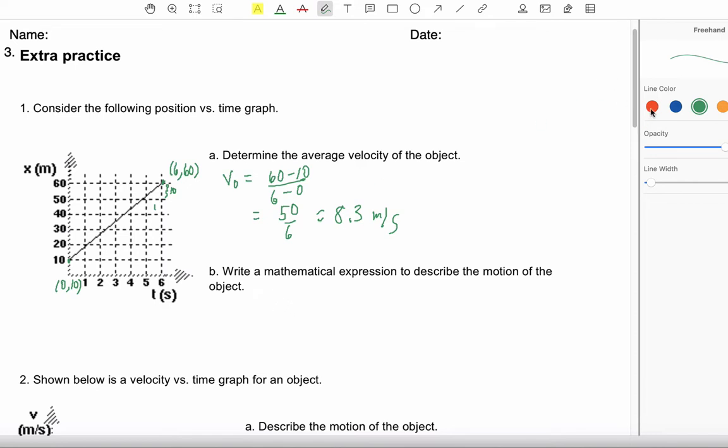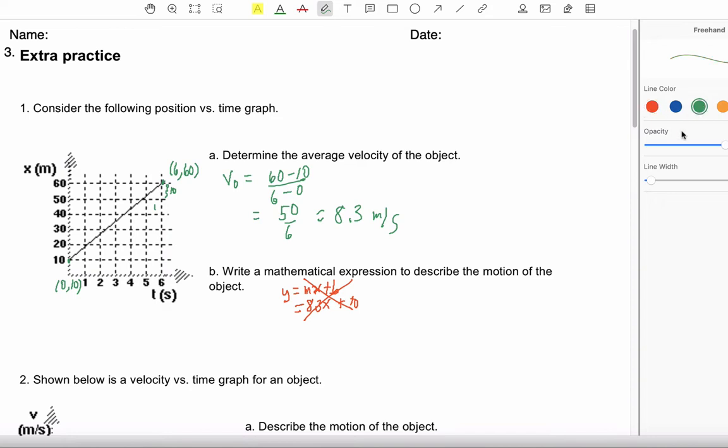And then when it says write a mathematical expression to describe the motion of the object, now if this were algebra class, we would say y equals mx plus b, and we'd want the equation of the line, and I would say y is 8.3x, the slope, plus b, which is 10. But that's not how we do this in physics.